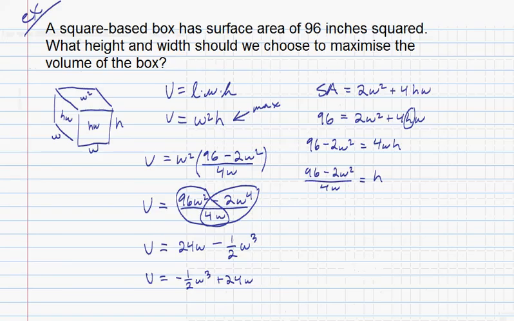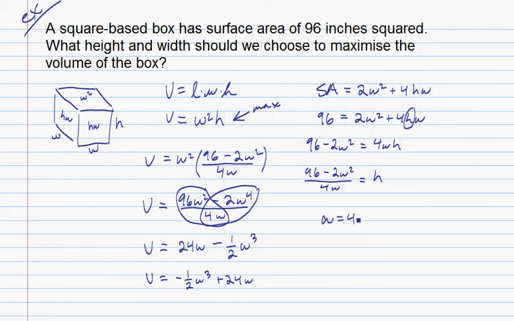But let me go back and just make sure, because if w is 4, I have to go back to this right here to figure out what the height is. I would do 96 minus 2 times 4 squared all over 4 times 4, and I'd have to work that out to get my height.